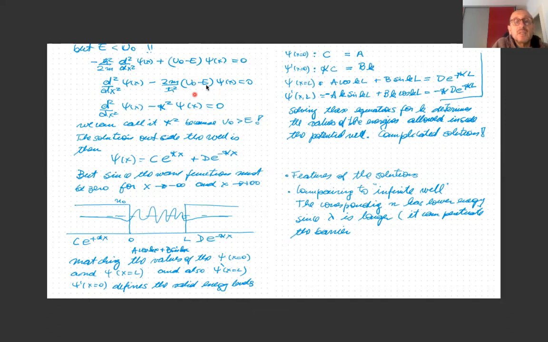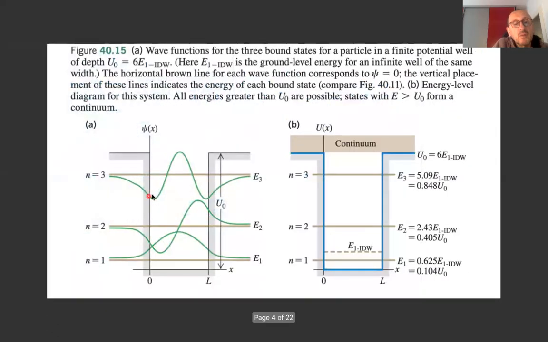If this constant is very low, which means a low difference here, the decay is small, so this thing will slowly move there. But if the difference is high, this dies very fast. So we're seeing here the exponential features. The wave functions for large values of x go to 0, and you have a discrete number of levels inside this potential well.